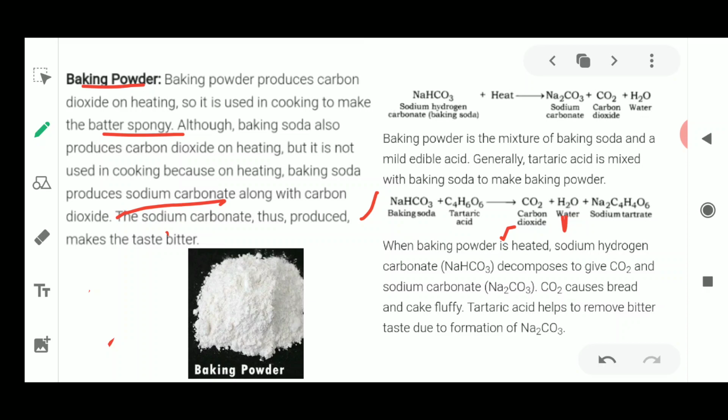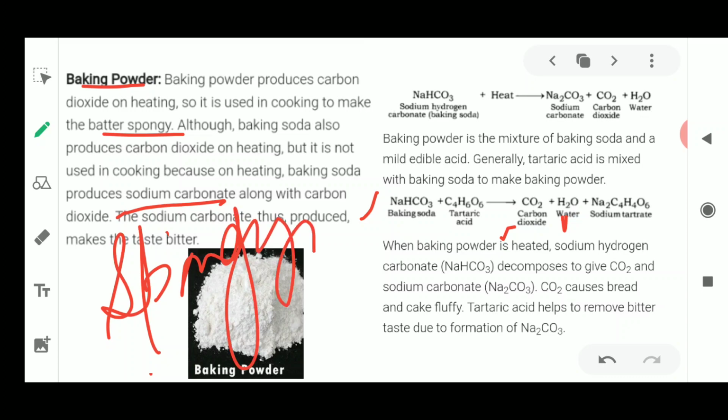This carbon dioxide is released in the dough in the form of bubbles, and from where it is released it leaves space and a network is formed. It makes the bread spongy.